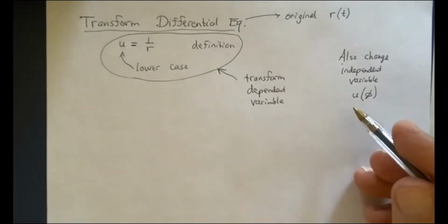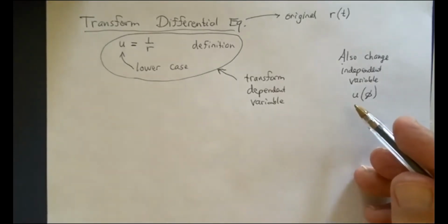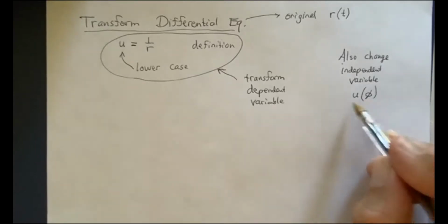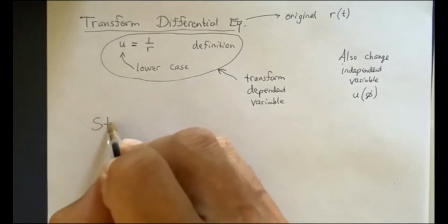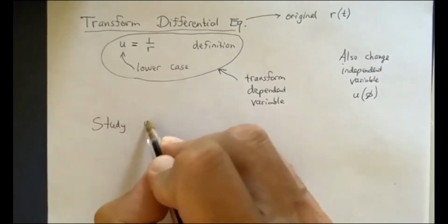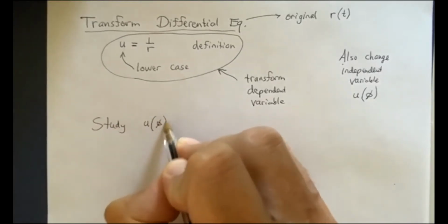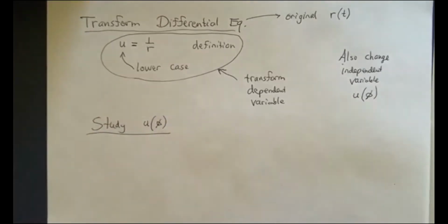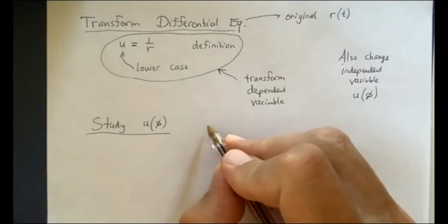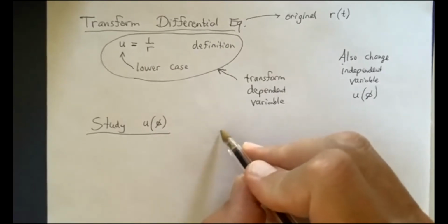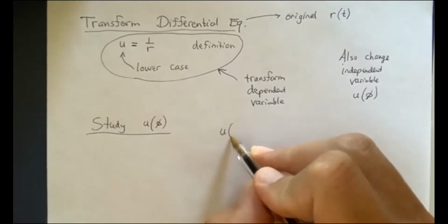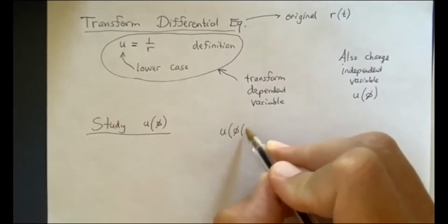Well, first of all, let's observe, okay, if this is the new function we're going to be studying, and how can we compute the derivatives? Remember, this is a function now of a single variable. So what can we say about the derivatives? Well, here's what we do. Consider u, and we'll do functional composition.